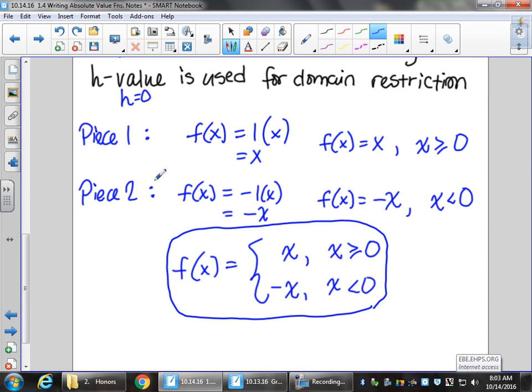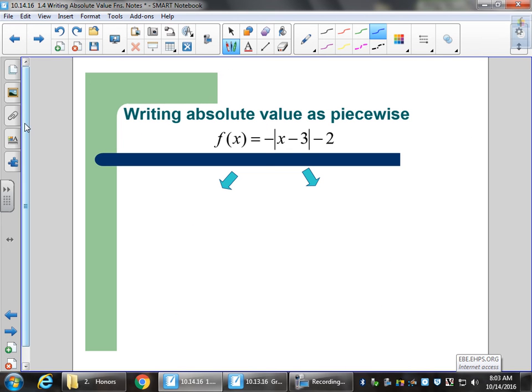So let's practice just with an equation. Look at the next one. No graph, just an equation. If I were to graph this, what's the vertex? Yep. What's A? Good. So now we're going to talk piece 1, piece 2, using the steps we just talked about.